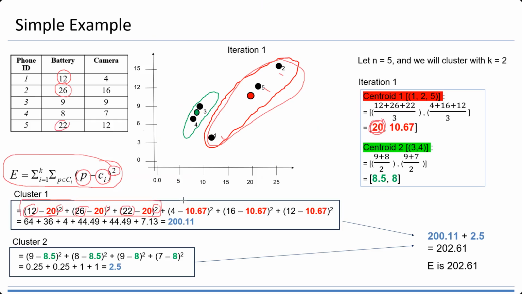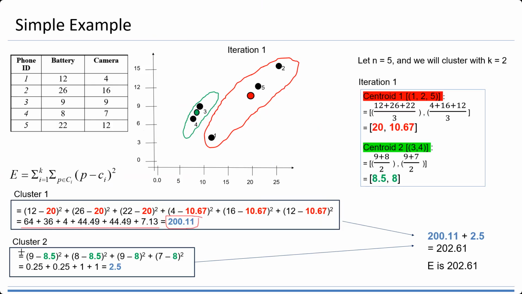And then we do the second column: 4 minus the center point, 16 minus the center point, and then 12 minus the center point. Then we do the square and the summation. So in total, we will get this score. Okay, in total, we will get 200.11.